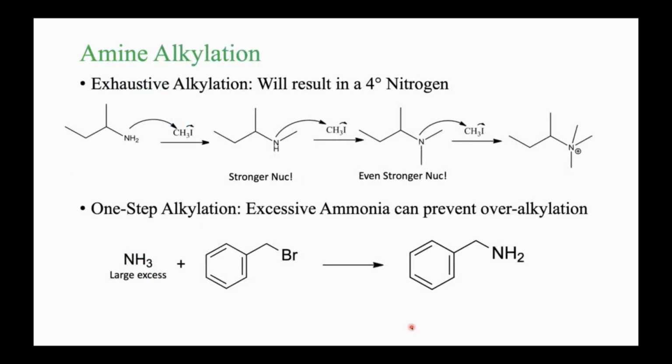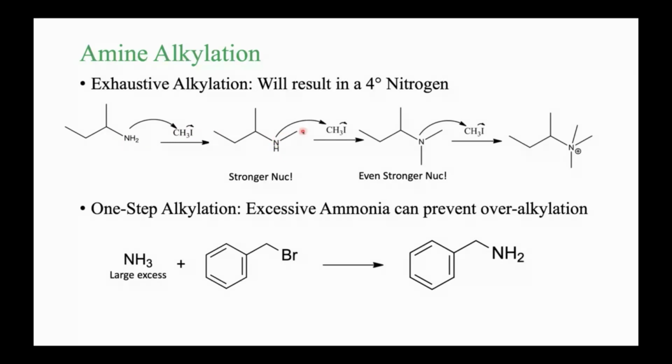So these are some reactions of amines. The first is going to be alkylation. So when we react the nitrogen as a nucleophile, we can attack a simple CH3 with a leaving group or halogen, and it will attack and kick off the halogen and become a secondary amine.